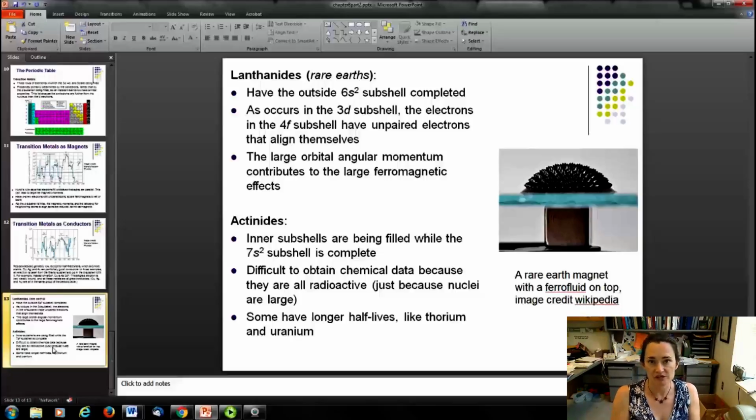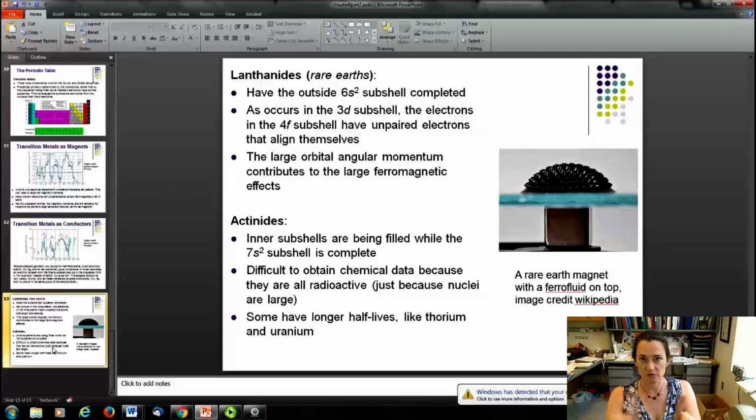The properties for the lanthanides are all very similar because the outermost orbital is already filled. As occurs in the 3d subshell, you have electrons filling in, and according to Hund's rule, they line up so that the spins are parallel, and that can give them large magnetic moments, and so that can make large ferromagnetic effects for the rare earths.